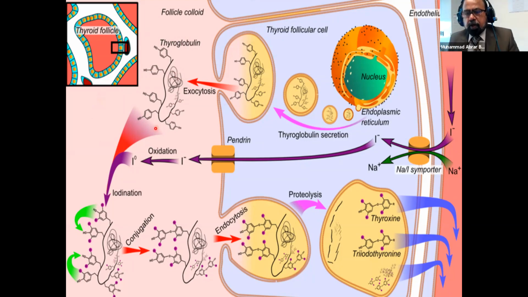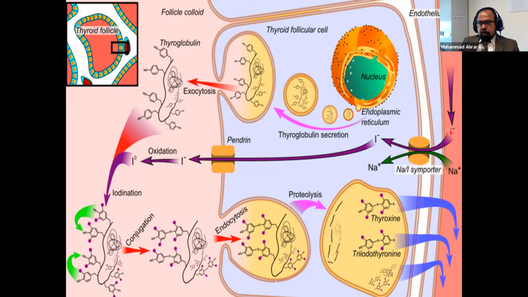Now, on the other hand, the iodine which we eat is usually taken up by the intestine, and from the intestine it enters into the blood circulation, and then from the blood it is taken up to this thyroid cell, follicle cell, by this symporter which is called the sodium iodide symporter.